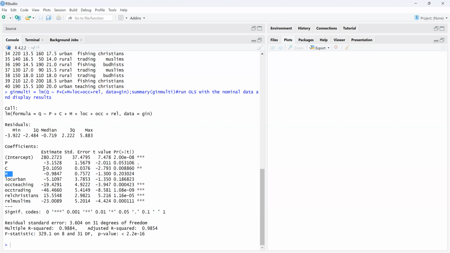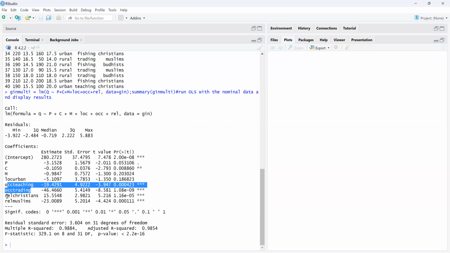A 1 unit increase in the complement price of gin will reduce the quantity demanded of gin by 0.11 units. Now remember that even though there are 2 levels of occupation, I just put them together and say given occupation.